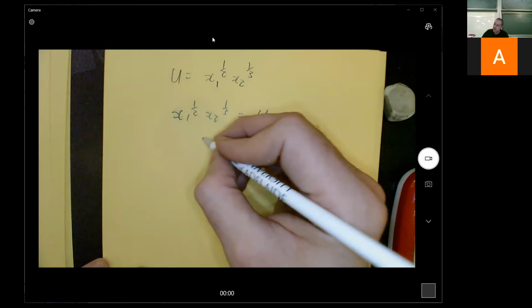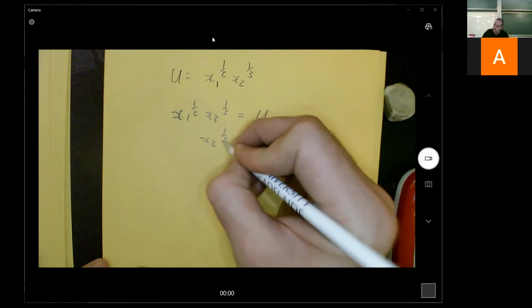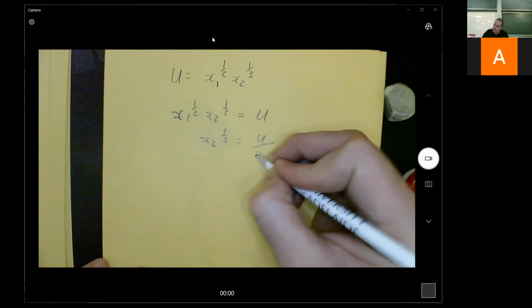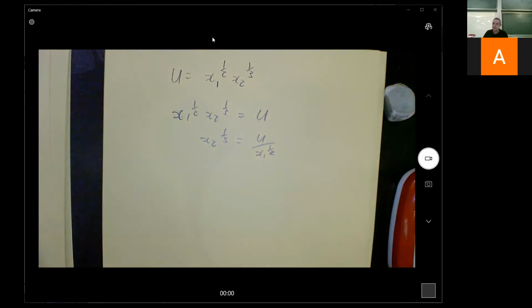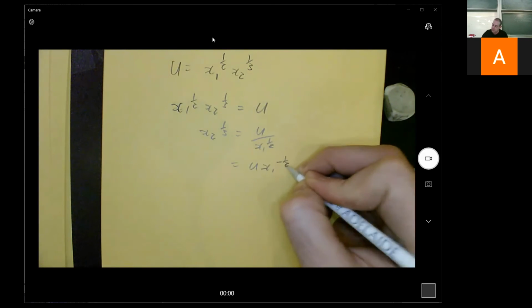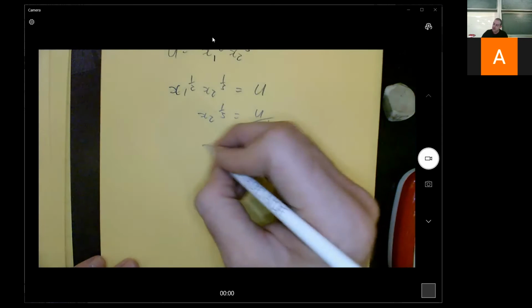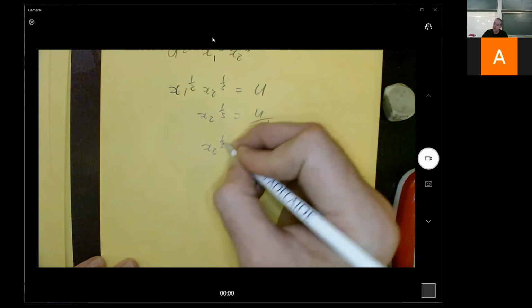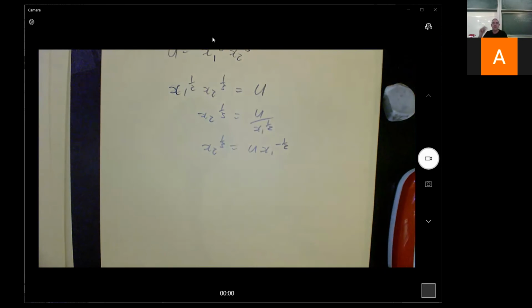And then get x2 to the third is u divided by x1 to the half. And I'm just going to write that as u times x1 to the negative a half. And then if I want to get rid of a third power, I'm going to have to do a power of 3.